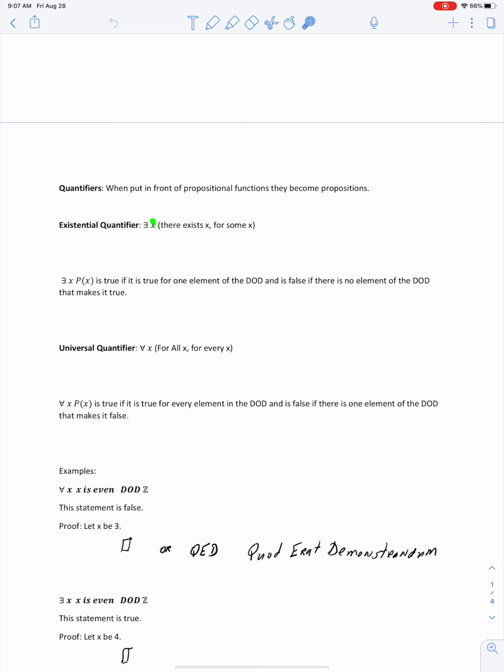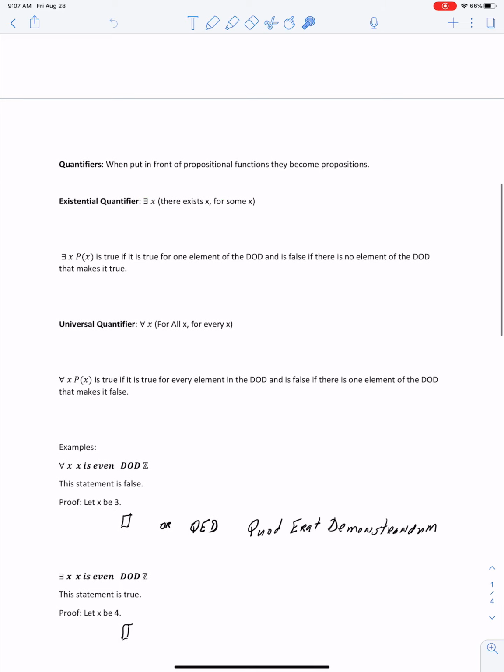The first quantifier I want to talk about is called the existential quantifier. It corresponds to the English phrase, there exists an X, or for some X. And it's written symbolically with this backward E. So the statement, there exists an X, P of X, where P of X is my propositional function, if you think about it, is going to be true if I can just find one element from the domain of discourse that makes it true.